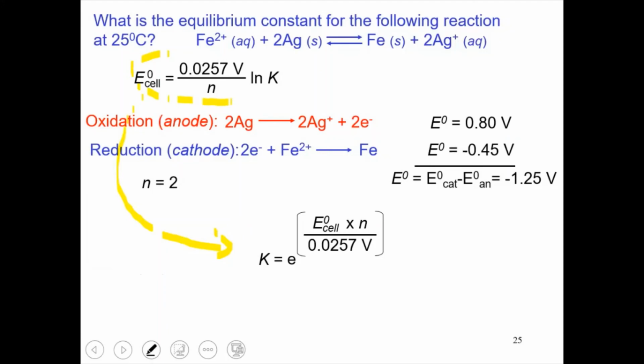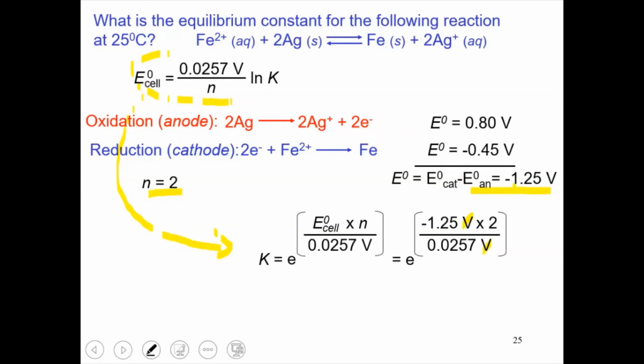We have the standard voltage of the cell. We have the number of moles of electrons that have been added. We're going to plug those numbers in there. So this is going to be minus 1.25 volts times 2 divided by 0.0257. Of course, the volts will cancel out because we don't have a unit when we calculate equilibrium constants.